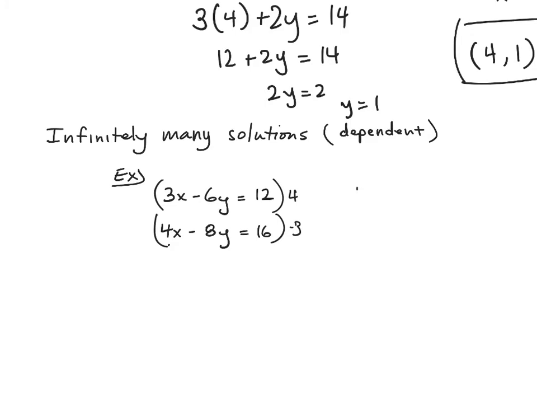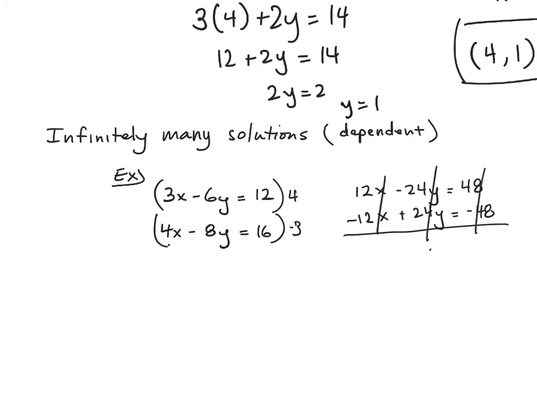So now that top equation becomes 12x minus 24y equals 48. The bottom equation becomes negative 12x plus 24y equals negative 48. And this is the unique situation that you look out for.